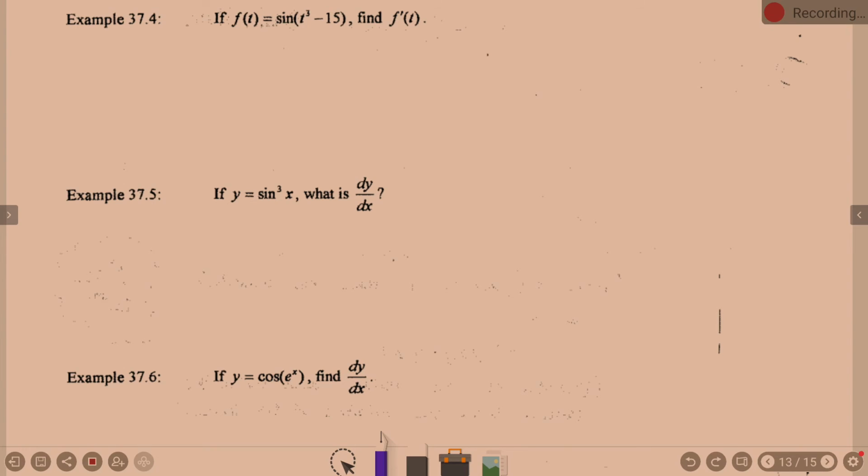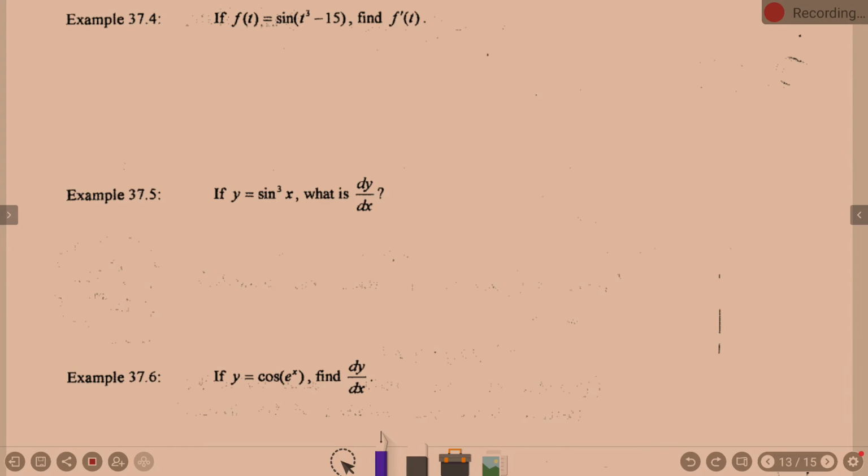Example 4. F of t equals sine of t cubed minus 15. Find f prime of t. So are you asking yourself, what's my outside function? Sine, right?